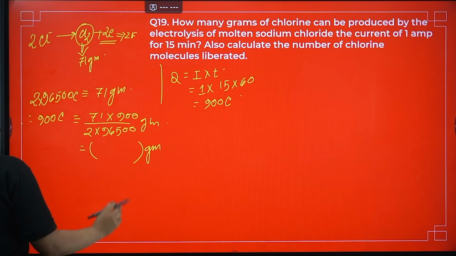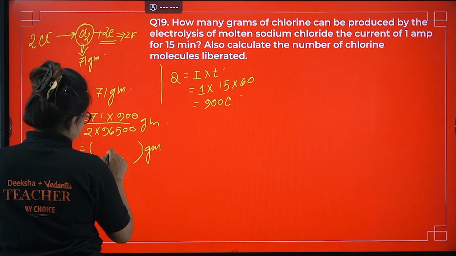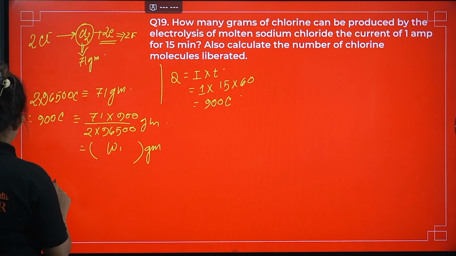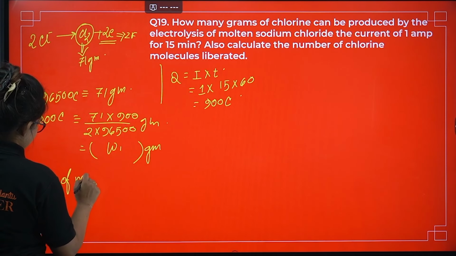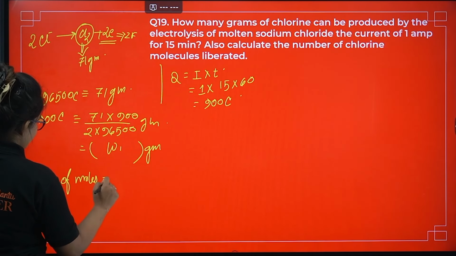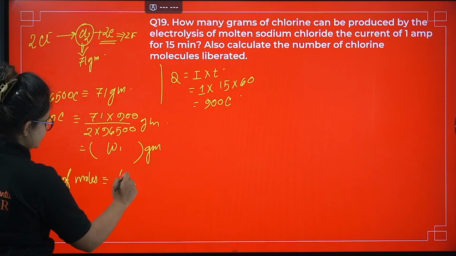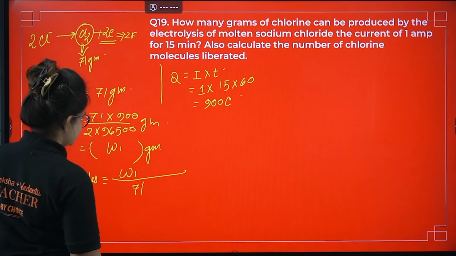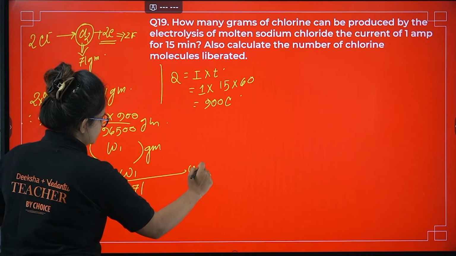From the gram you can calculate the number of moles. Let's say I got W1 gram. The number of moles will be W1 divided by the molecular weight, that is, given weight by molecular weight.